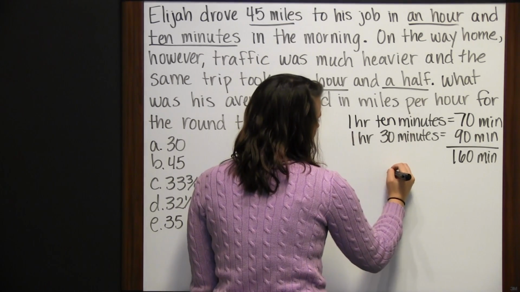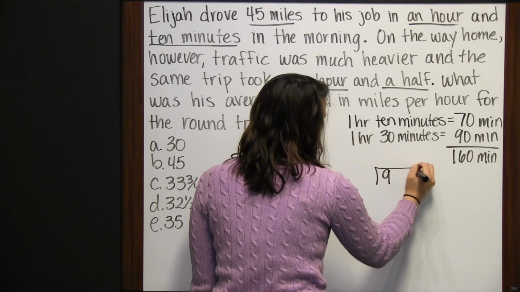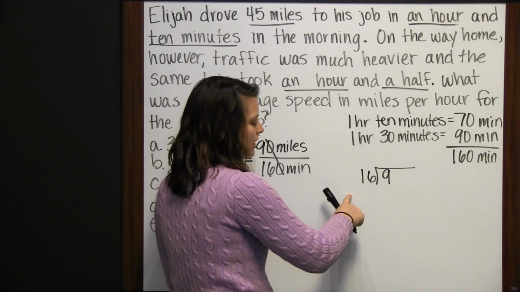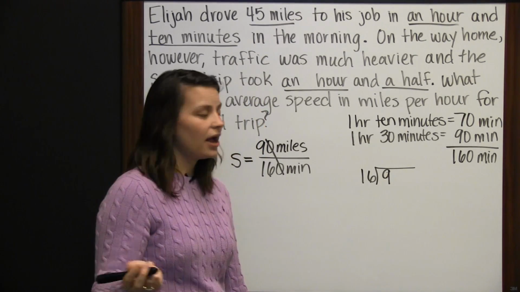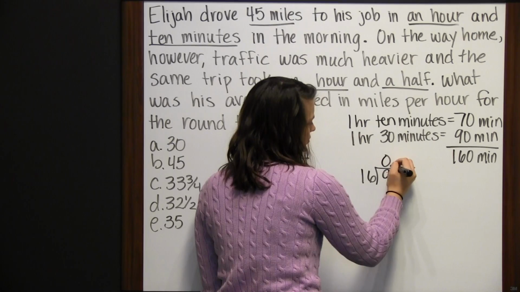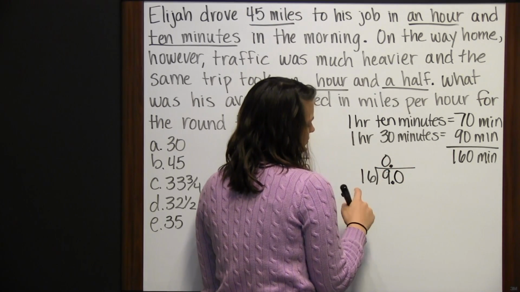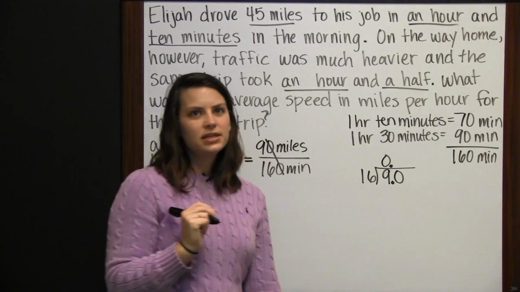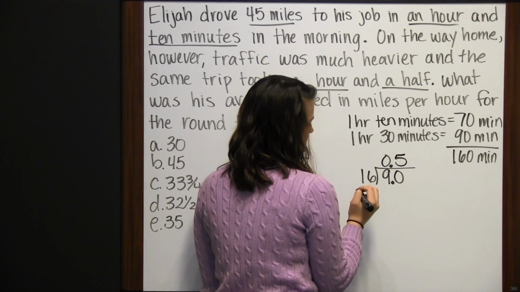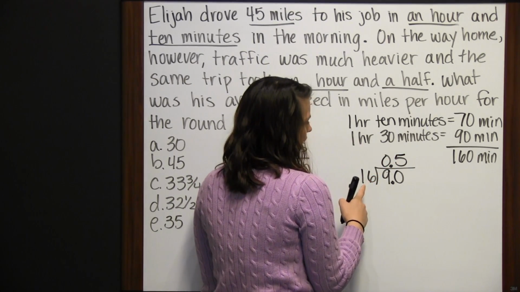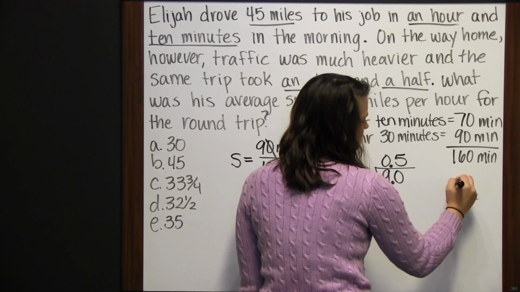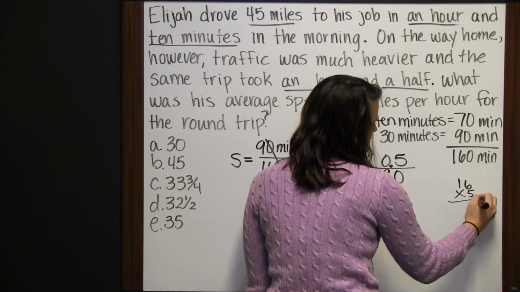So I have 9 divided by 16. 16 doesn't go into 9 at all. That's 0, which means I'm going to need to add a decimal and a 0. 16 goes into 90 5 times. So 16 times 5. 5 times 6 is 30.